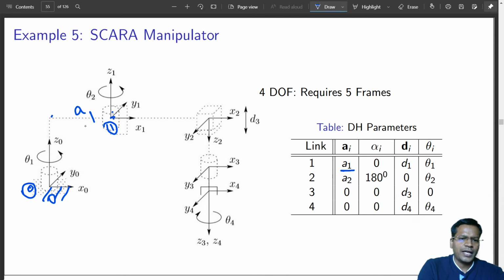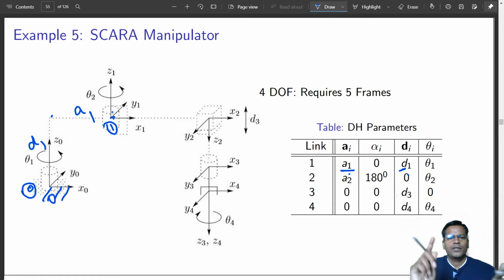This vertical travel is known as the offset, and this is your d1. Both the z axes are directed upwards, so there is no angle between the z's. There is no twist in this link. It is just displaced along two different directions, the offset and the link length. So only a and d will exist and there is no twist, which is why alpha 1 is 0.